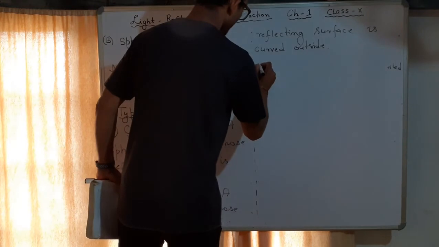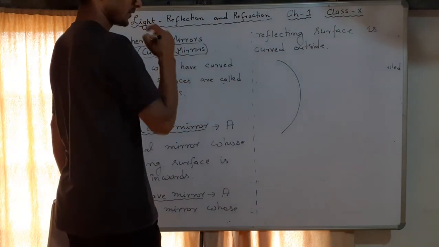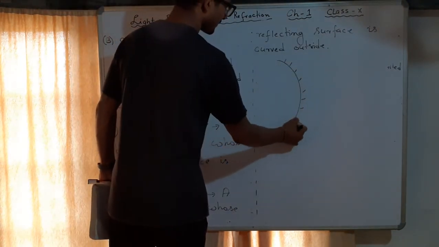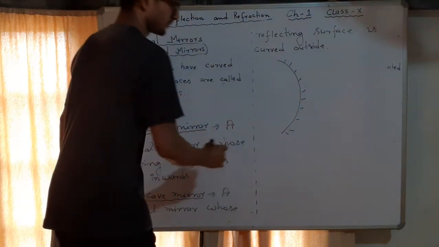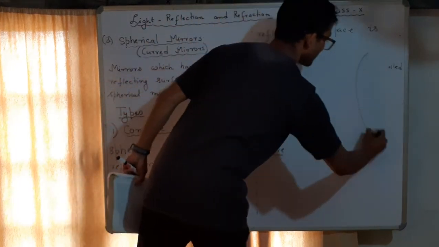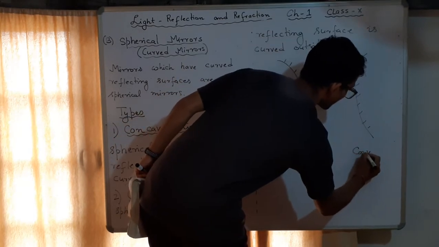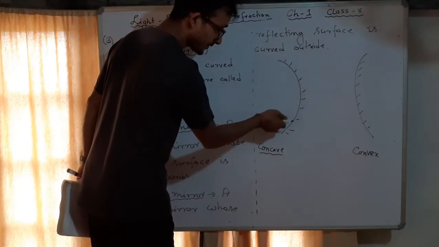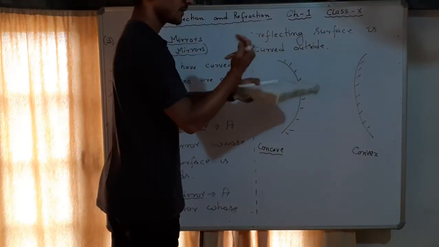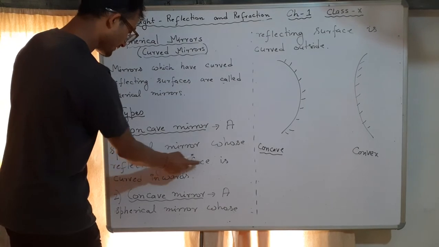Okay, so the examples I'll make. This is a mirror. This is called concave. This will be called convex. Understand? This is inside, this is outside. In this case, the mirror whose reflecting surface is curved inward.